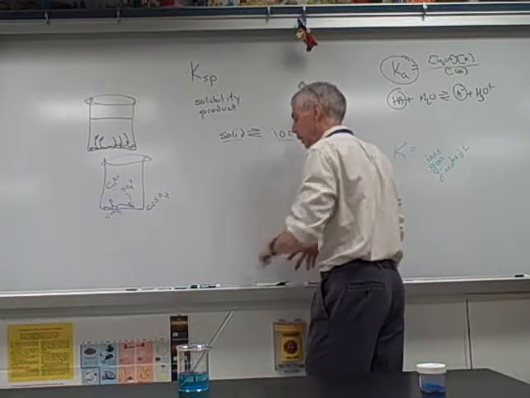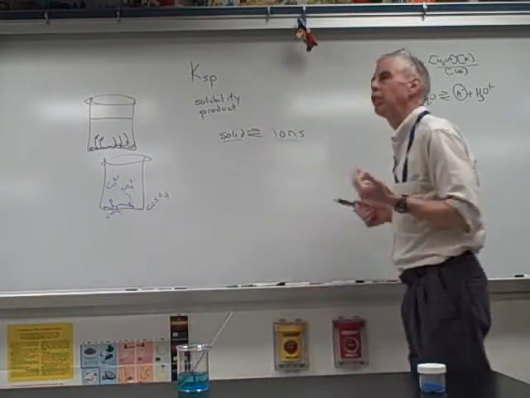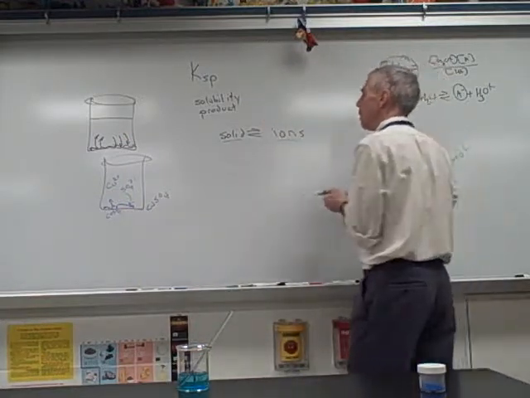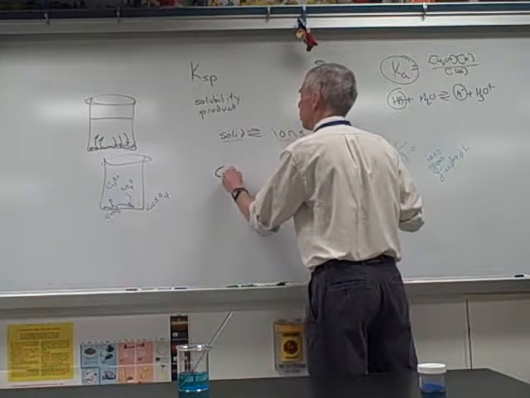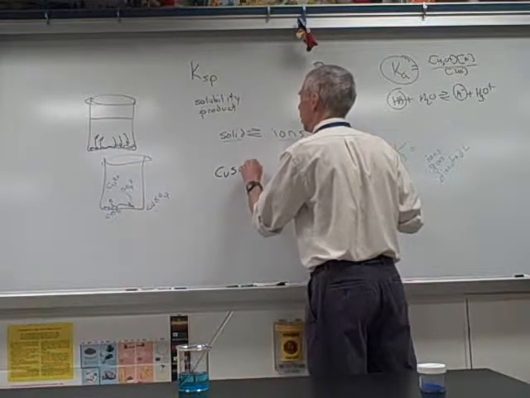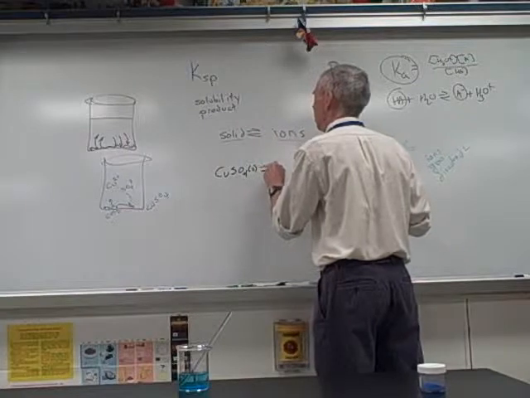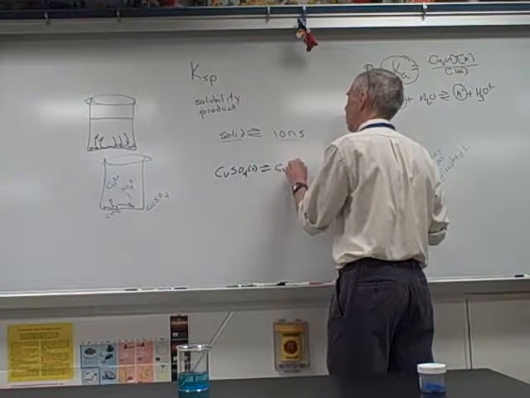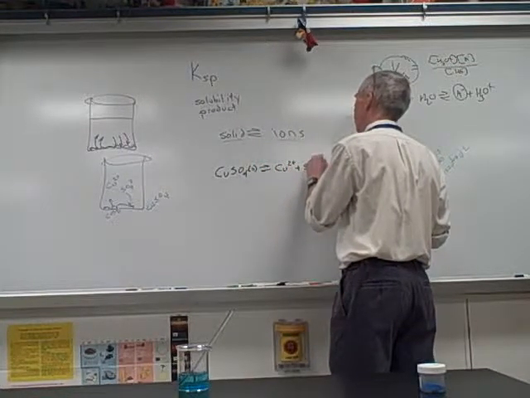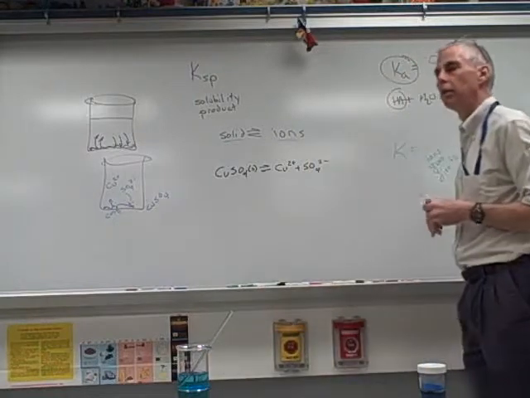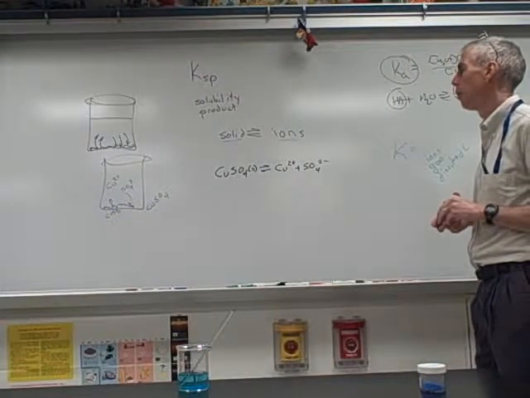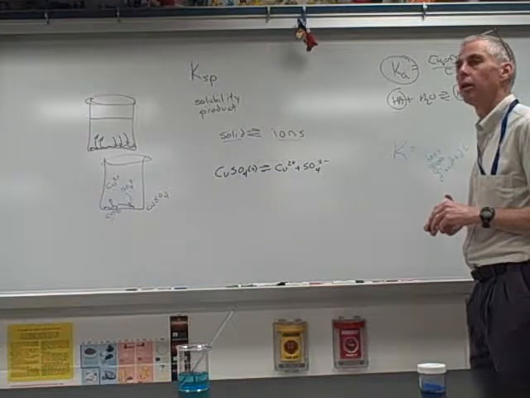So if I'm writing the Ksp expression for this reaction, it's the copper sulfate solid becoming copper ions and sulfate ions. Okay? That's all it is.